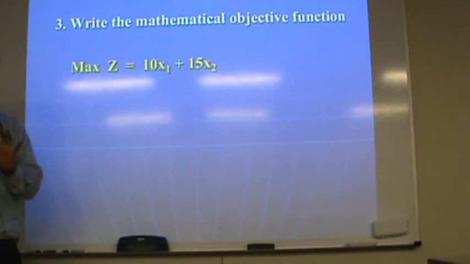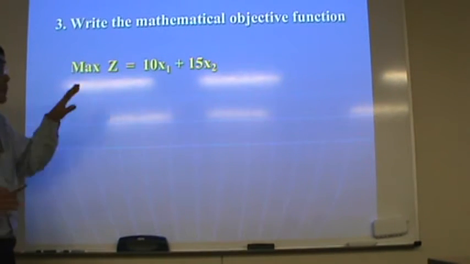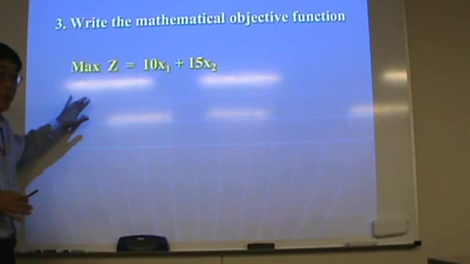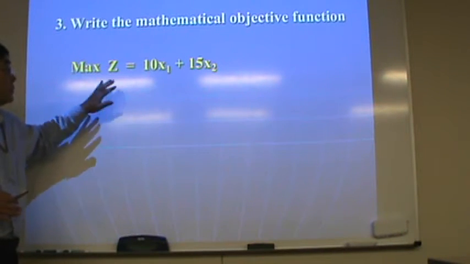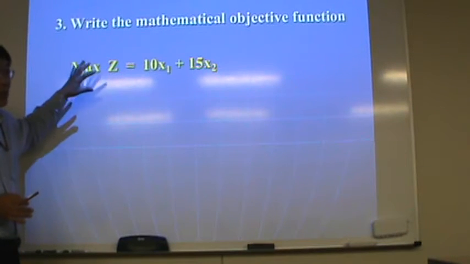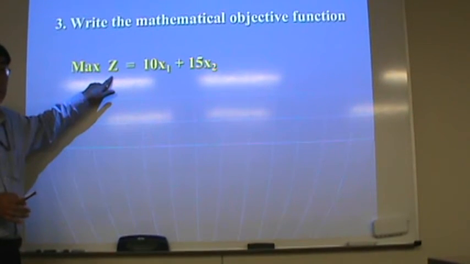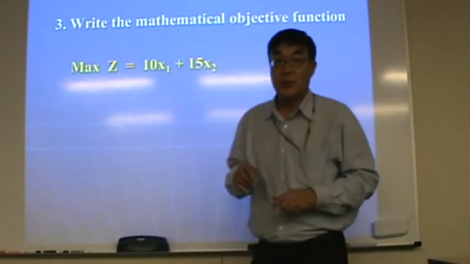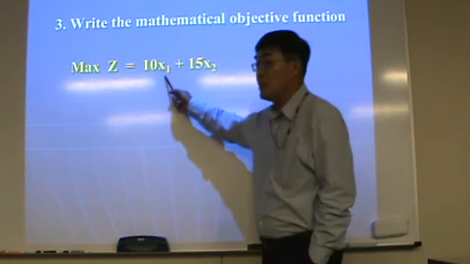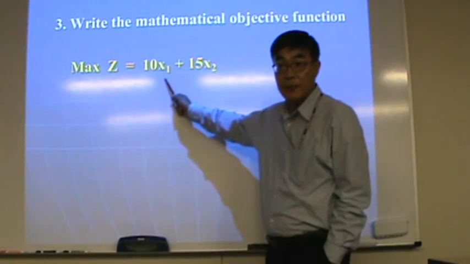If this is a minimize problem, then we are concerned about cost. Then M-I-N, min Z. In that case Z means cost, right? But for this one, maximize Z means maximize profit equals X1, decision variable, X1 is deluxe frame, right?